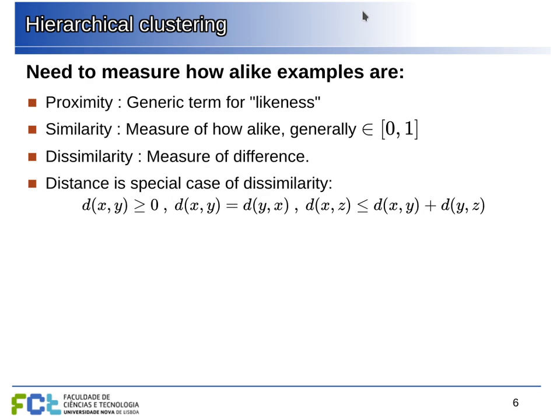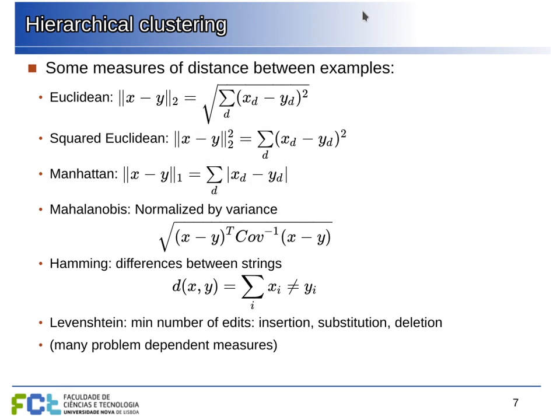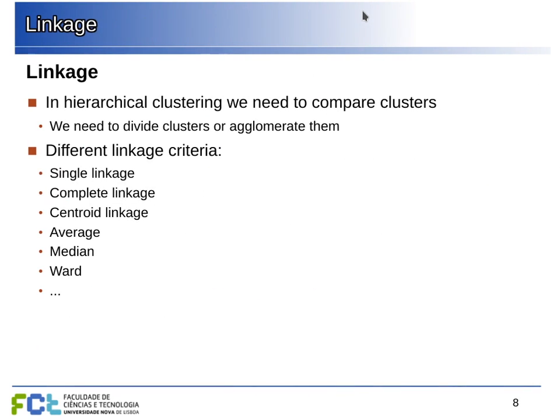But for hierarchical clustering, we need an additional level here. So we need this linkage, which is a measure of similarity or dissimilarity between clusters. So in order to get this, we need to find some way of measuring this not only between individuals, between examples, but also between clusters.